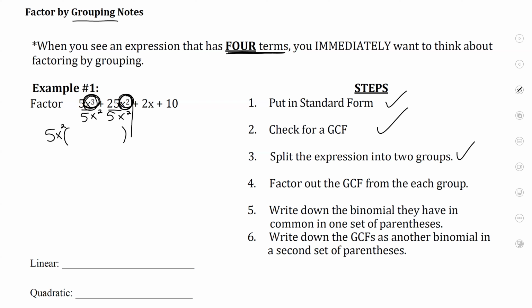Okay, let's see what we have. I'm going to write this up here so you can see a visual. I have 5 in the numerator and 3 x's for x cubed. In the denominator, I have 5 and 2 x's because that's an x squared. Does that make sense? Okay, the 5's cancel, these x's cancel.